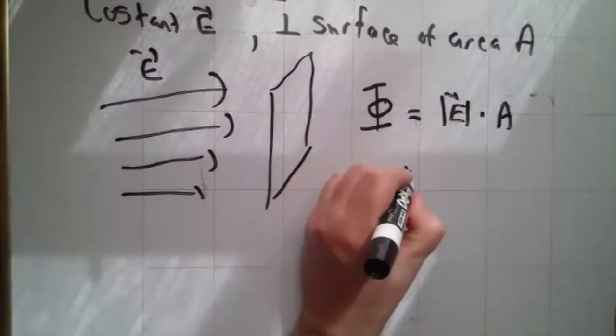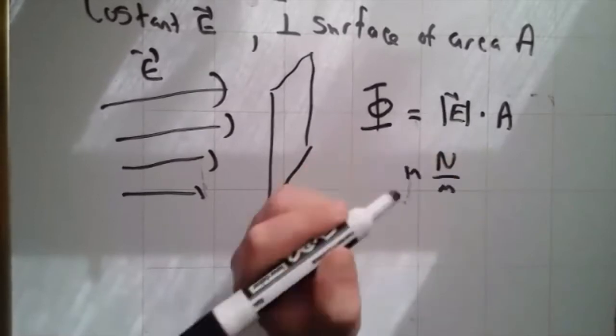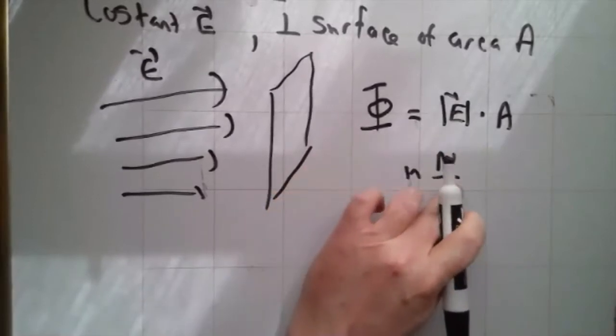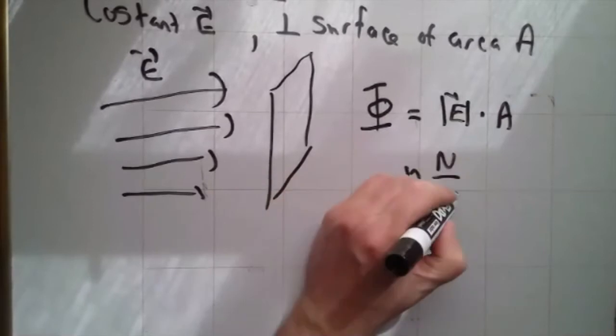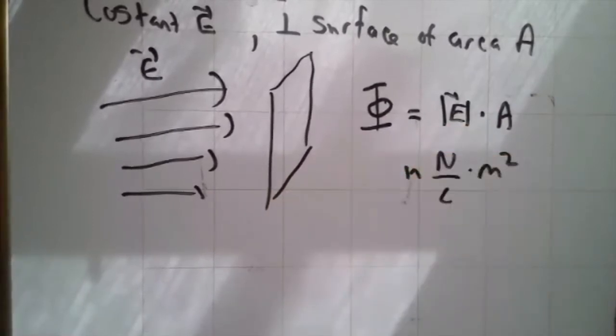So our units then, we can see, will be E is newtons per coulomb, times square meters. That's our most basic case.